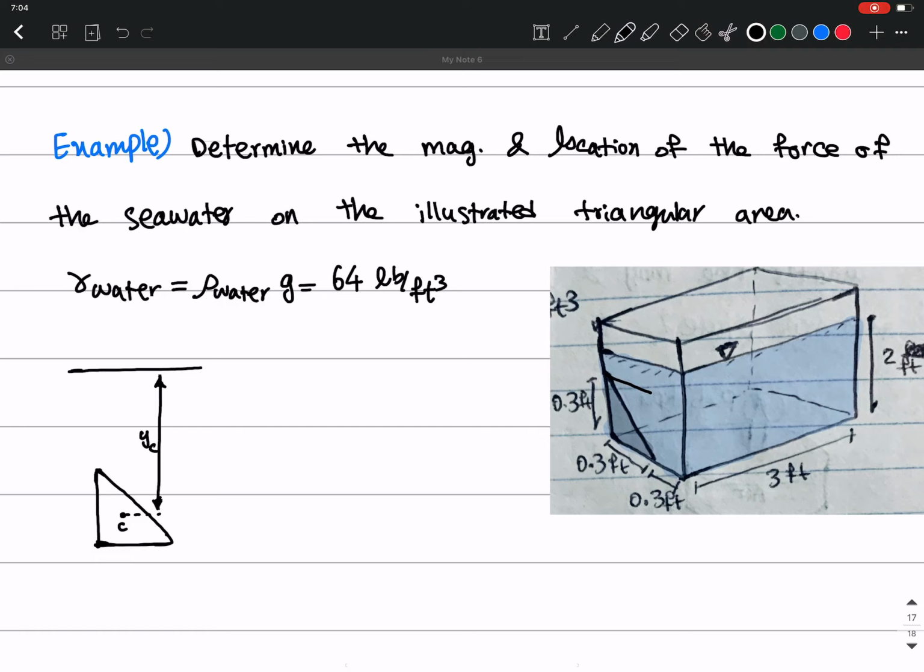And the second area moment is going to be around somewhere C_P, which I'm going to show here.